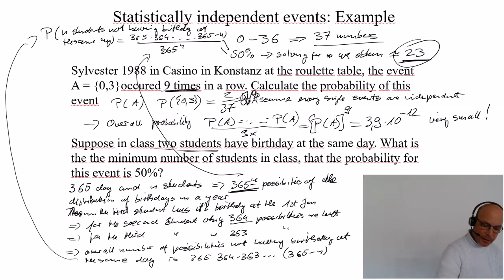So if you are sitting with 23 other students in class, then the probability that two of you have their birthday on the same day is roughly 50%. This is actually just a very standard example so that you get some feeling for what independence of events means.